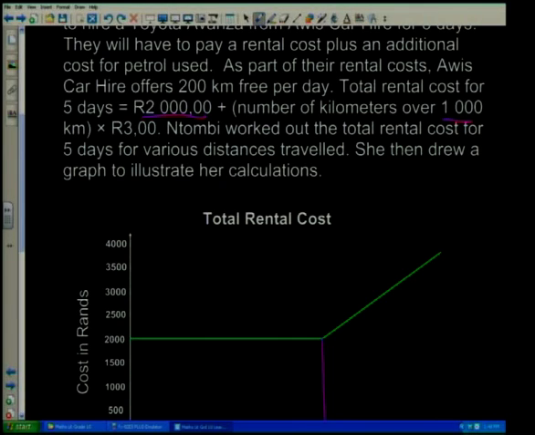So up until 1,000 kilometers, they were charging a set rate of 2,000 Rand. And thereafter, this increased at a rate of 3 Rand per kilometer. And that is why we've got two parts of this graph. So I just wanted to point that out to you before we carried on with the next question.